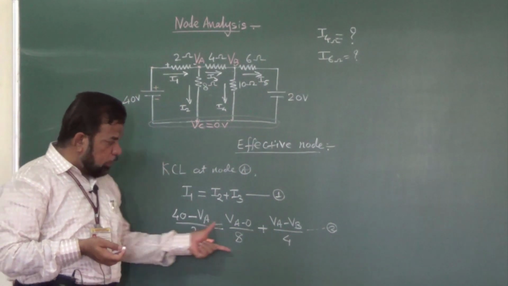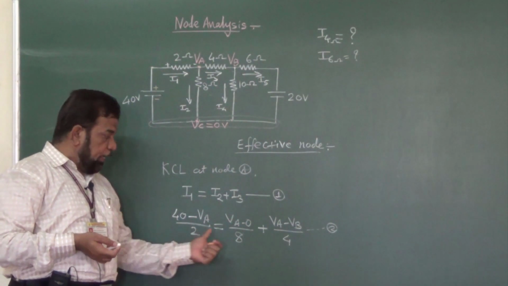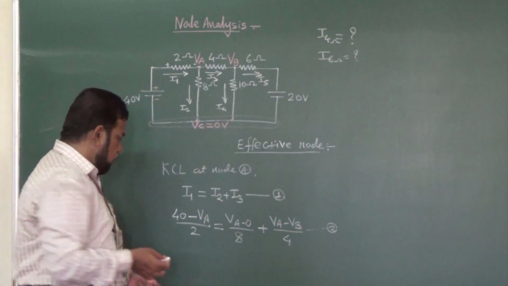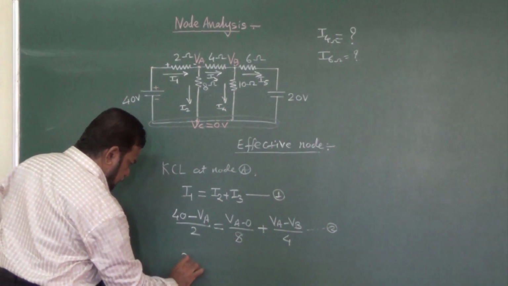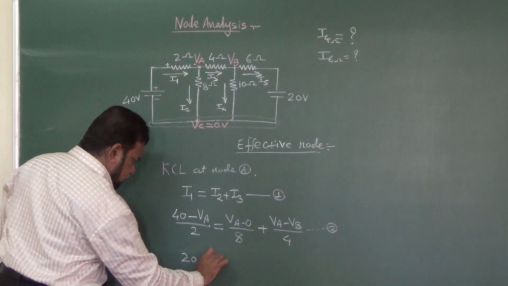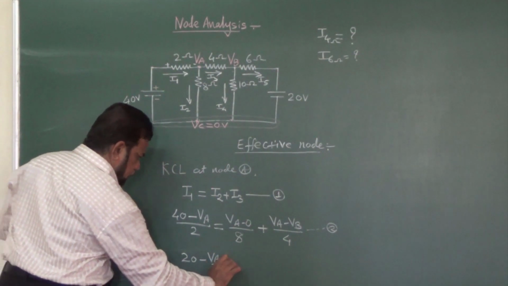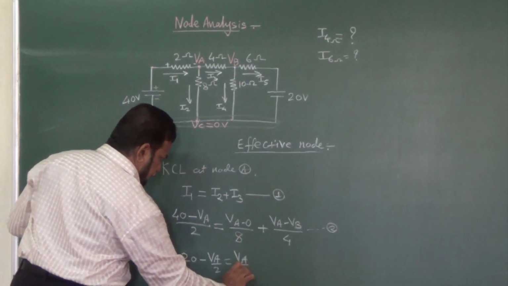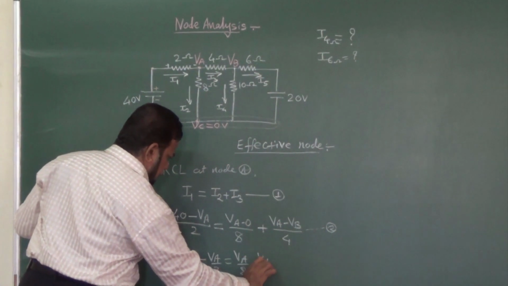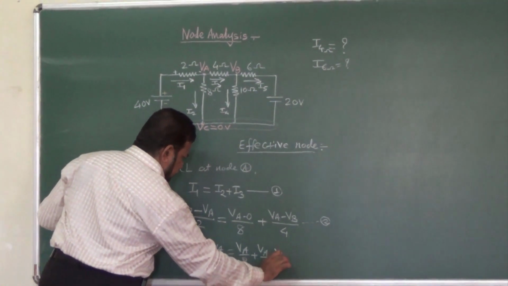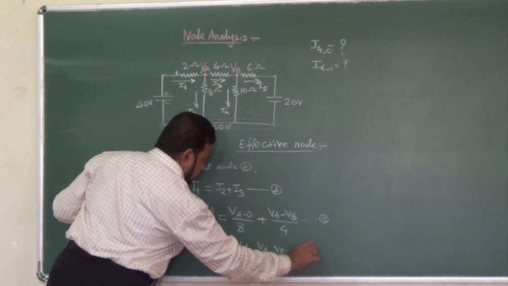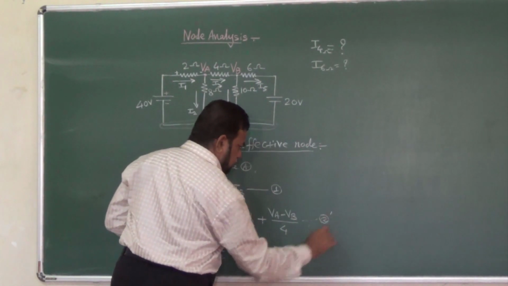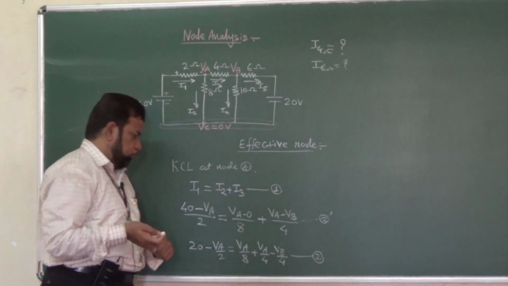So here this equation we have to rearrange properly in terms of VA and VB. For example, here I am having 20 minus VA by 2, that is equal to VA by 8 plus VA by 4 minus VB by 4. So this is the same equation, so I will write this as 2.